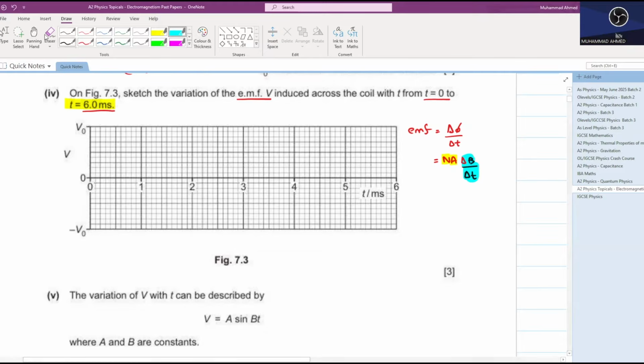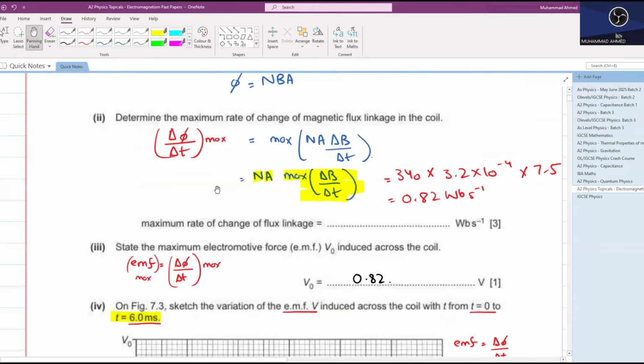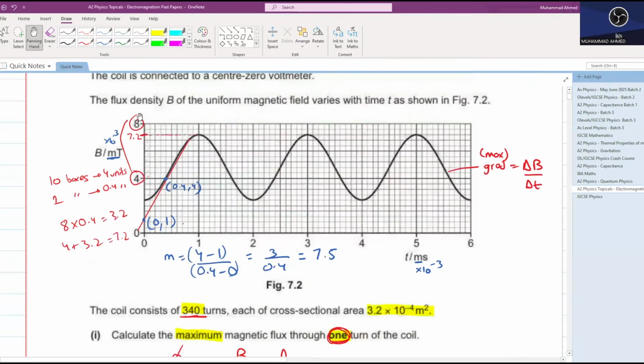Okay. Now let's move on to the graph above for B versus time. This is a graph for magnetic flux density versus time. Okay. If you see at time t equals 0, if I draw a tangent here, what will happen? One second. Let me do it like this.